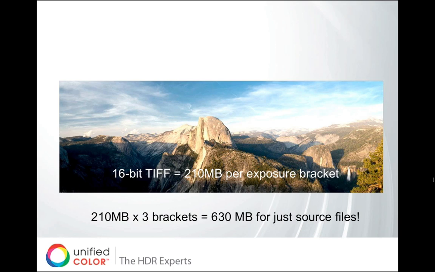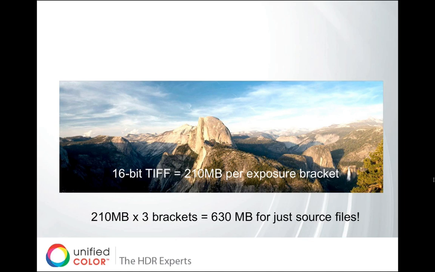If I create a 16-bit TIFF file from this panorama, just one of the exposure brackets is 210 megabytes in size. And if I have only, in this example, 3 brackets, that gives me a total of 630 megabytes just on the source files that I'm then trying to merge and tone map in the HDR software.